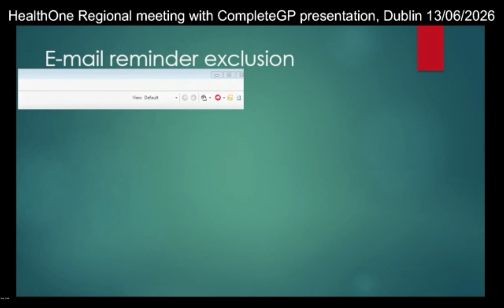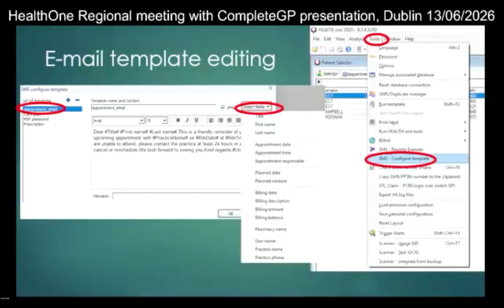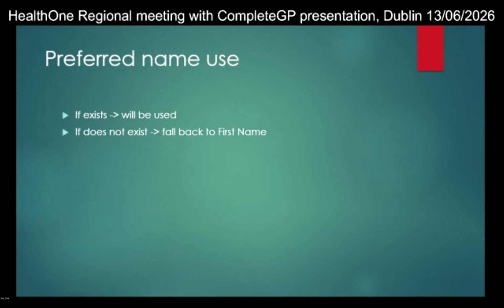And what I skipped, because my layout here was stupid, is we also have the use of preferred name. When you do your templates, you can insert different fields. Before, you had first name, last name, but we all have patients who are known as Grzegorz but known as Greg. So you can use the preferred name option now. If it exists, it will be used.